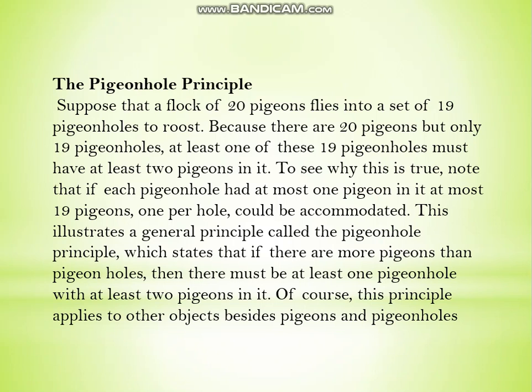And at most 19 pigeons per hole could be accommodated. This illustrates a general principle called the pigeonhole principle, which states that if there are more pigeons than pigeonholes, then there must be at least one pigeonhole with at least 2 pigeons in it.